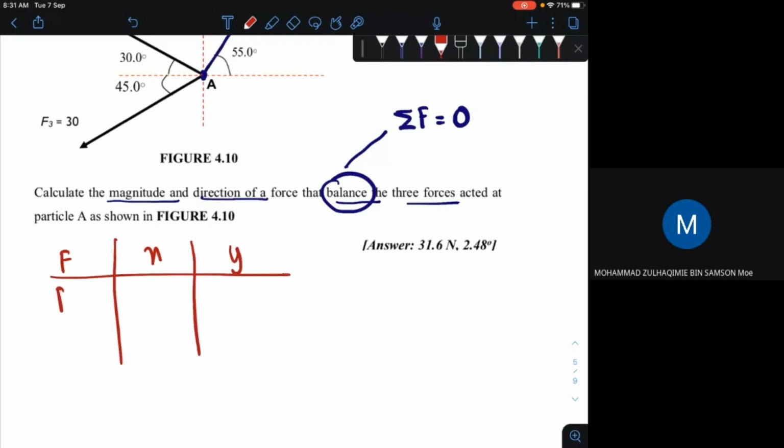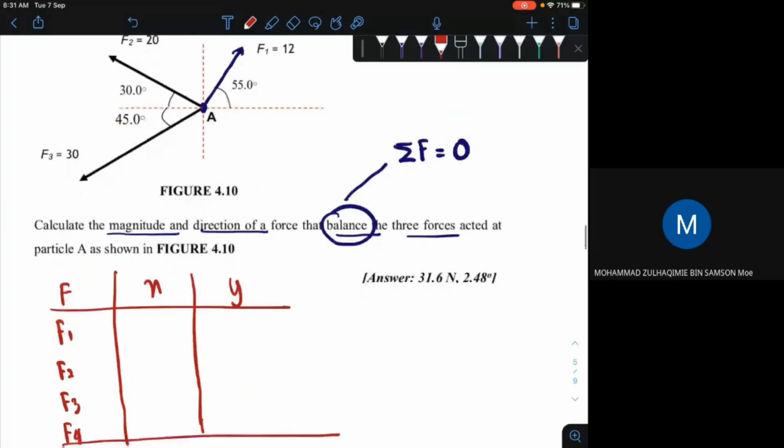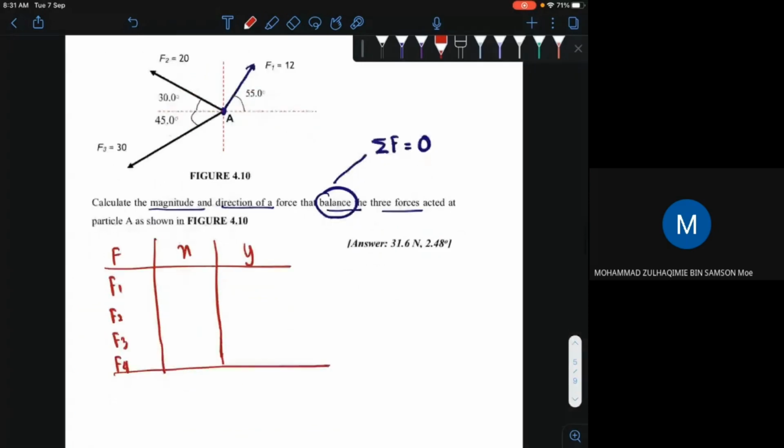Kita akan ada F1, F2, F3 dan juga penambahan force baru kita iaitu F4. Kita tak tahu dia duduk dekat mana. Alright, you do not know where is your F4 located. However, all these forces bila kita tambah kena sama dengan kosong. Sebab total force is equals to 0. Okay, sekarang apa pun bolehlah masukkan.